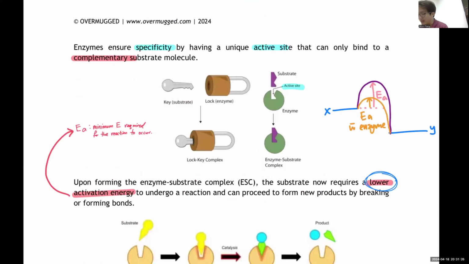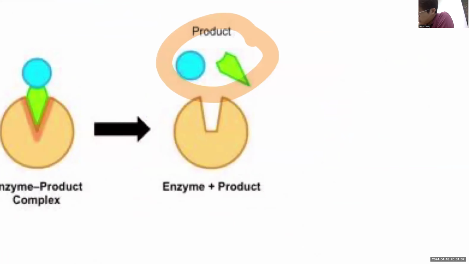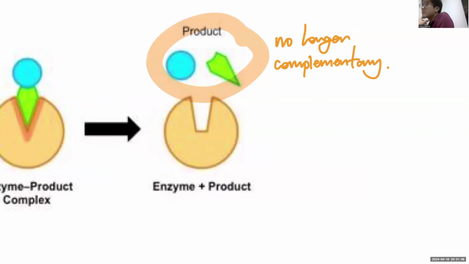All right. So simply put, what I need you to remember is, why will the products be forced out of the active site of the enzyme? The products are no longer complementary. Okay.